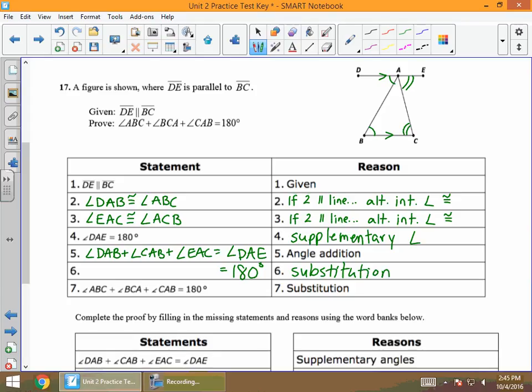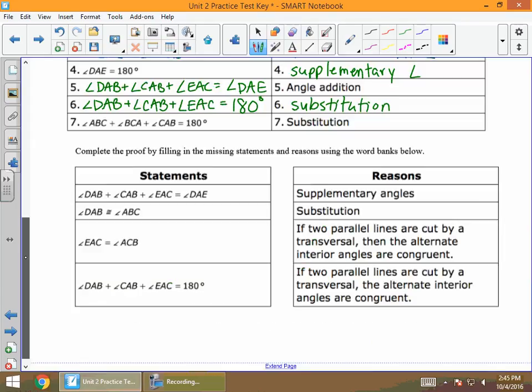So the substitution that's made is angle DAE gets replaced with 180. Everything else stays the same. So angle DAB plus angle CAB plus angle EAC, those three things will add together to equal 180. And that is the proof, question number 17.